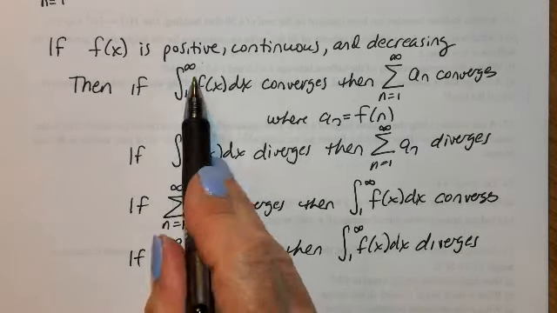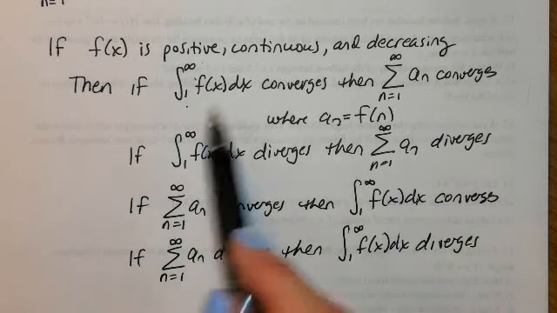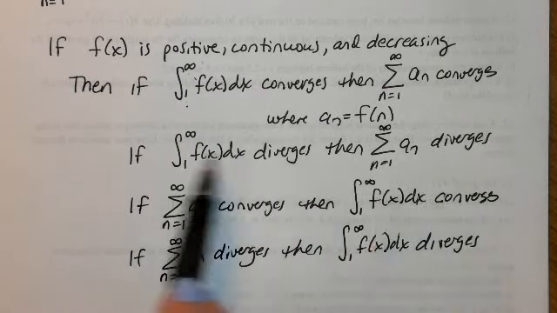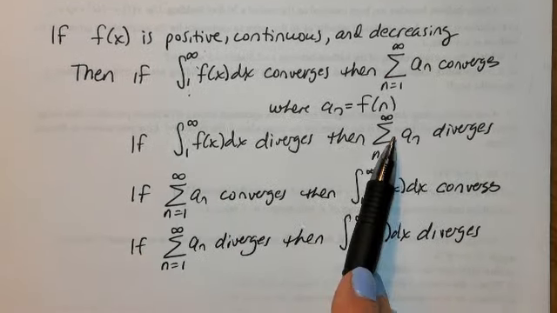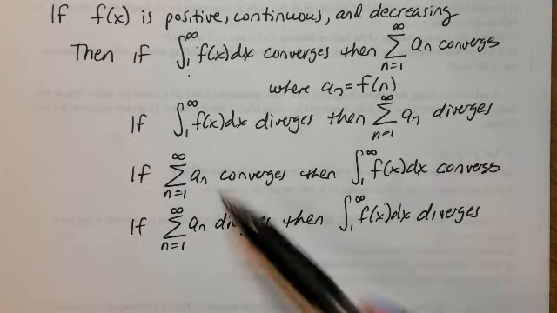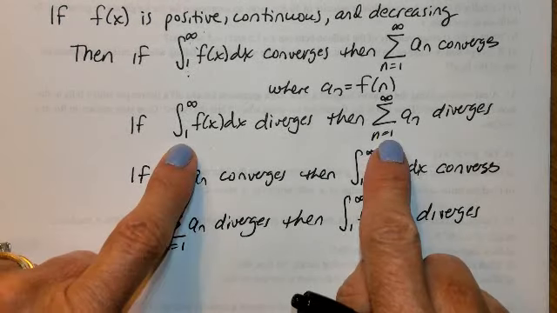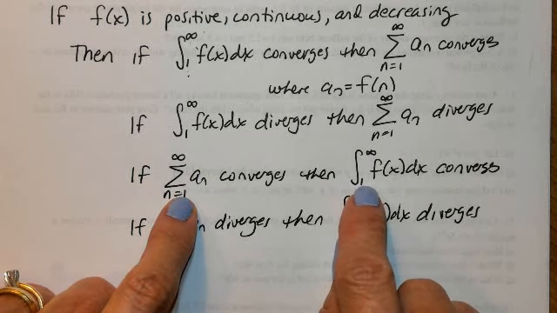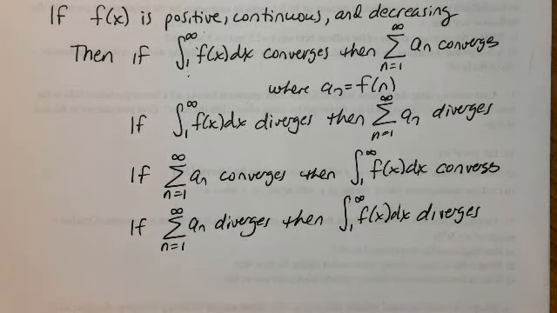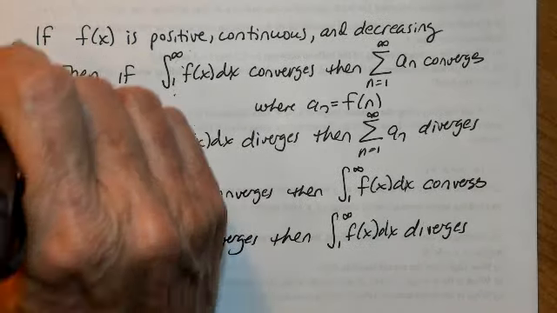And I'm using 1 to infinity all over the place. That's not important. It can be any number to infinity. It has to be going to infinity, otherwise, it's not an infinite series. But other than that, this bottom number can be anything we want it to be, as long as the bottom value in the series and the bottom value in the integral are the same. Okay? All right. So this is the integral test.